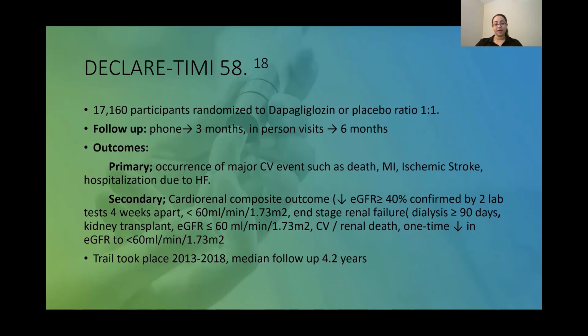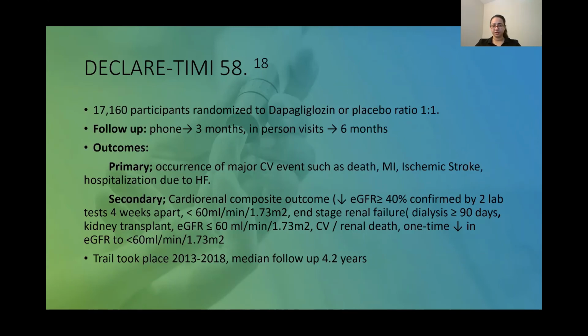The secondary outcome assessed was the cardiorenal composite outcome, which was characterized by a decrease in the GFR by 40% or more, confirmed by 2 lab tests 4 weeks apart, so that the GFR would be less than 60 mLs per minute.